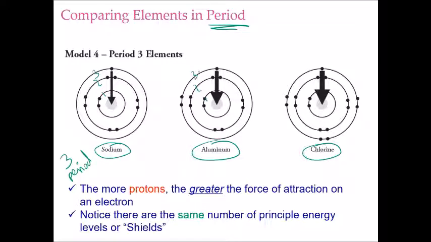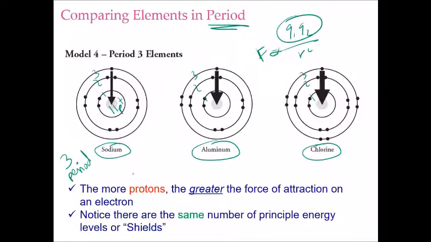So the energy level amount is not going to affect this problem. So now we're looking at the magnitude of charge, the Q1, Q2, proportional to the F. We're looking at this part. What we can compare about these, because they all have the same energy level, so the shielding and the distance are all going to be pretty much the same.